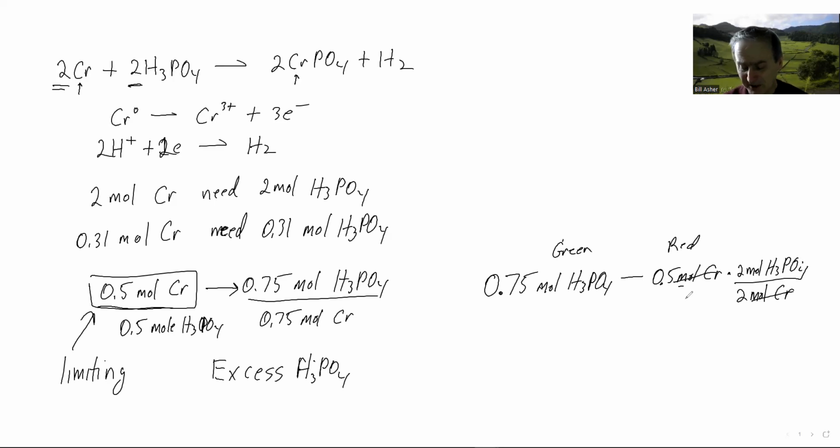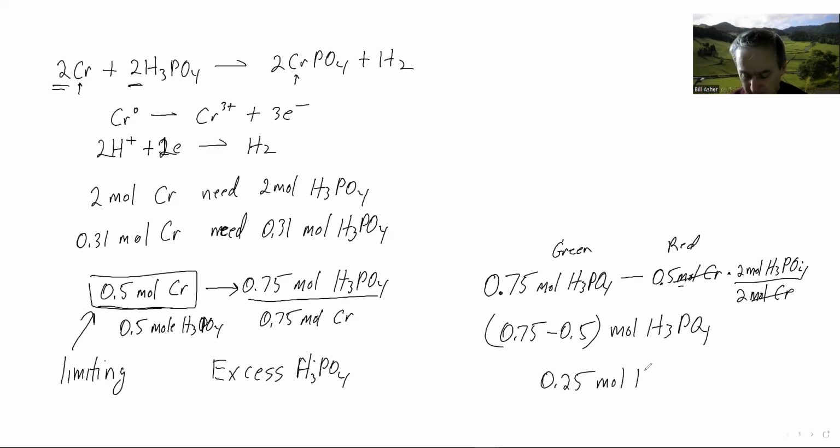Well, it's 1, right? So it's just 1:1. And so I can just subtract 0.75 minus 0.5, and that gives me moles of H3PO4 left over, which is 0.25 moles of H3PO4.